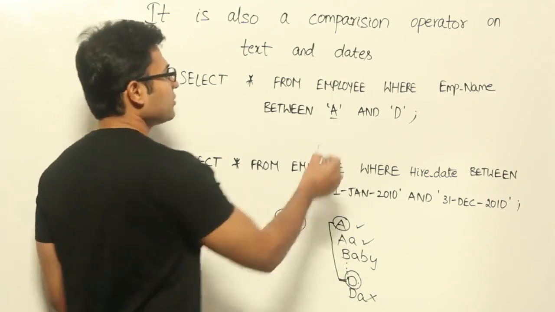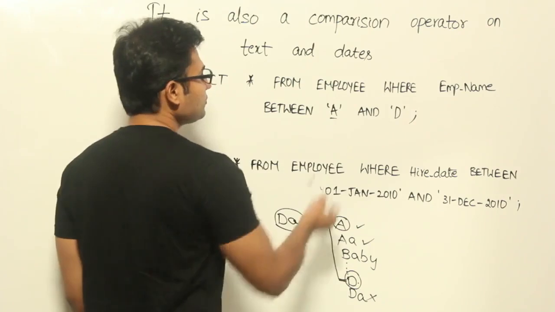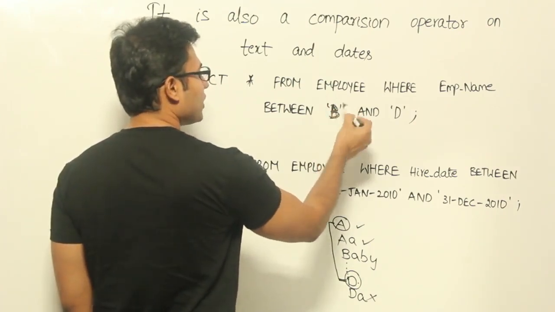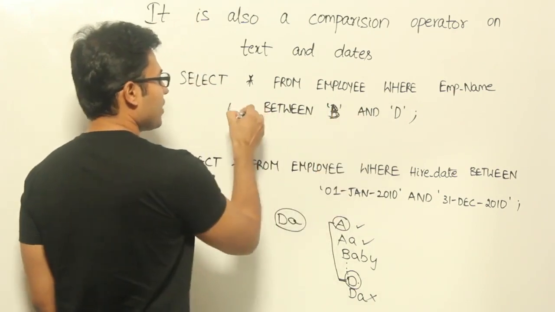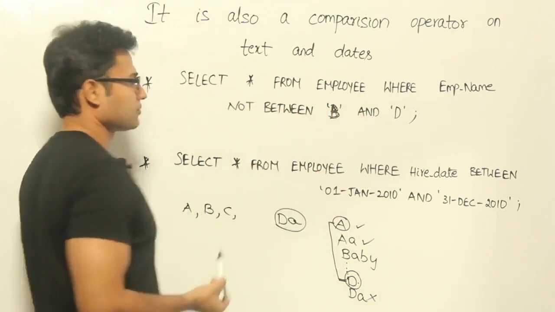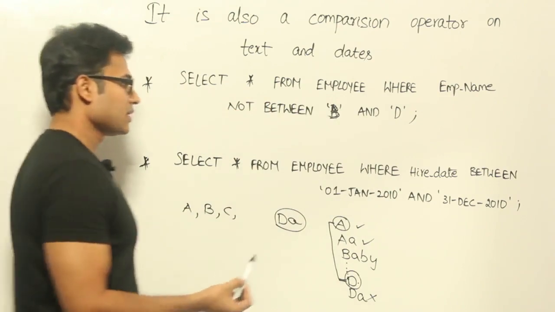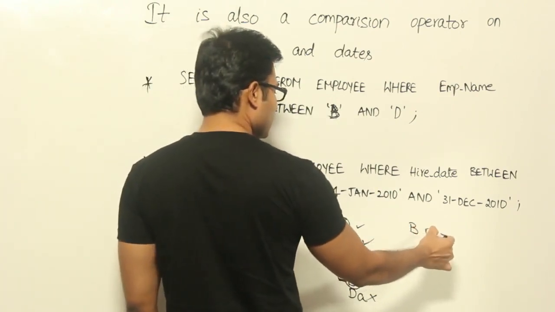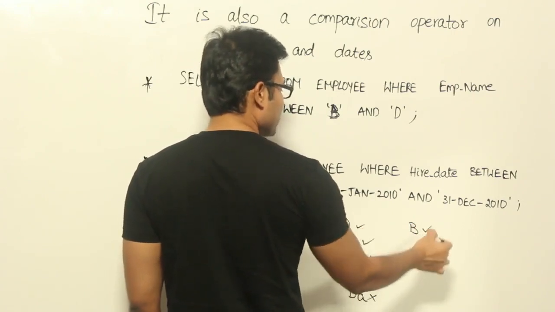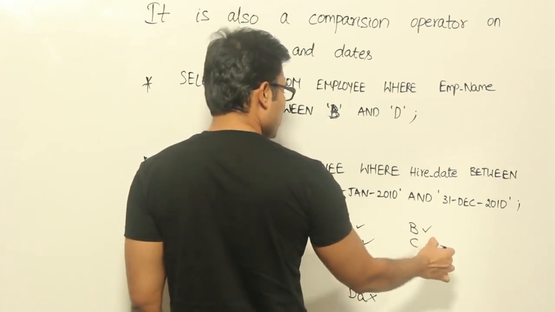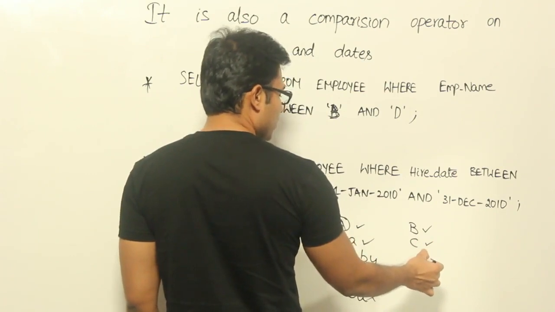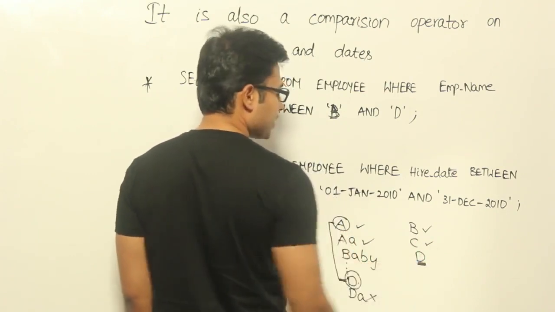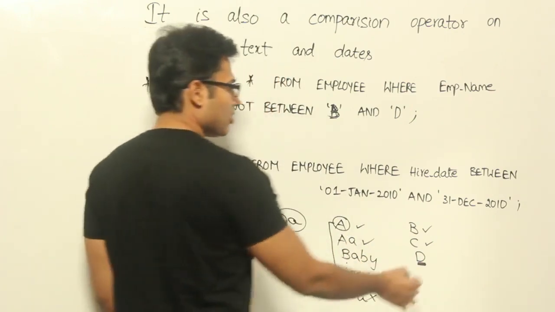Let's say it is between B and D, and here I have applied NOT BETWEEN. Now what is the meaning of it? This one starts from B: all the names starting with B will not be displayed, all the names starting with C will not be displayed, and of the names starting with D, only the name exactly D will not be displayed.